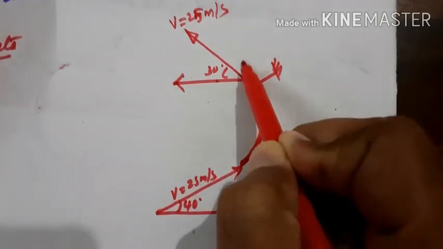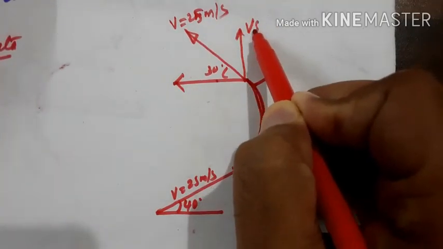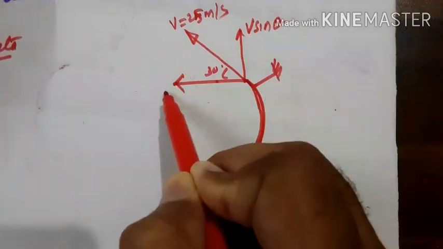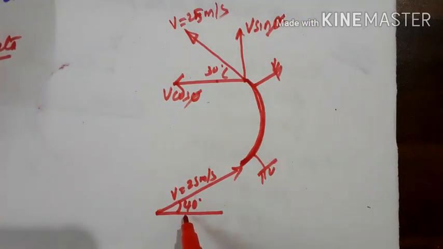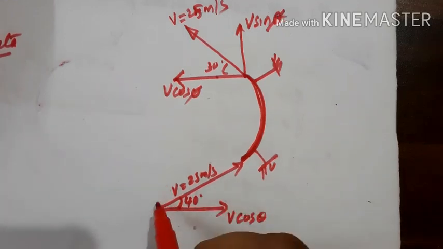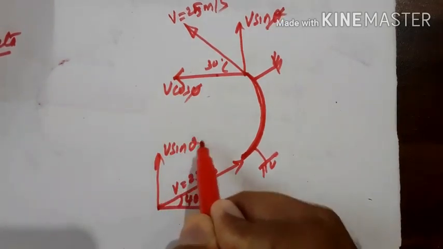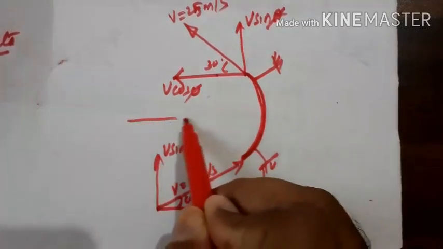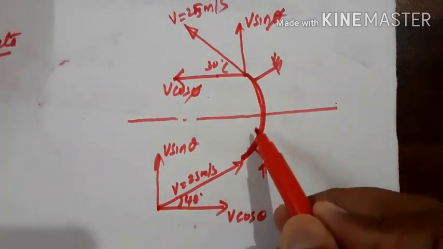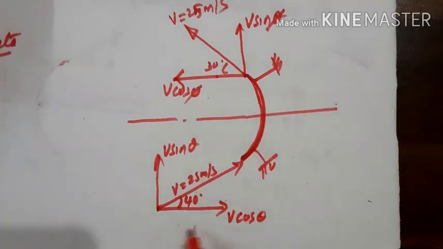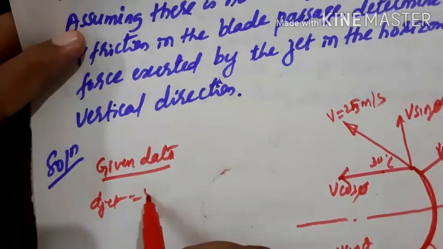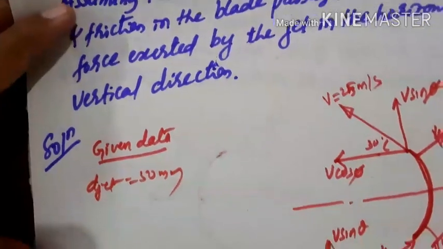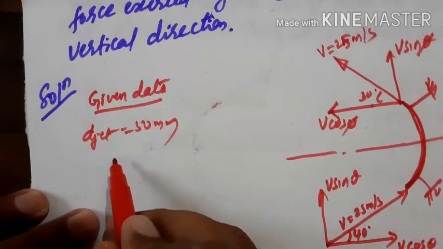When you resolve it, you will get V cos theta and V sin theta. So this is an unsymmetrical case, unsymmetrical about the x-axis. Let us solve this problem. Here the diameter of the jet is given as 50 mm, and the inlet and outlet angles are also given.